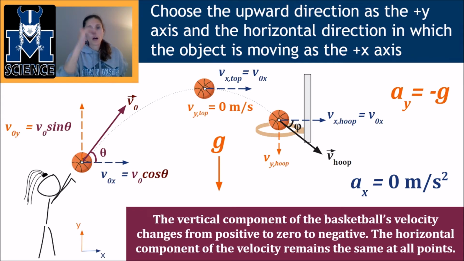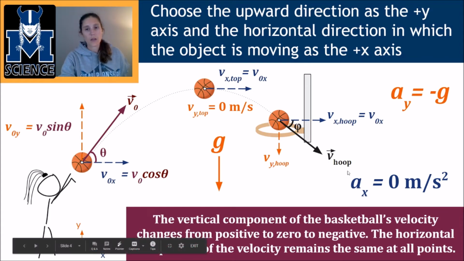It's initially positive, then at its highest point it reaches 0 meters per second for its y velocity, and then its y velocity becomes negative as the ball starts coming back down. For the x velocity, the initial x velocity that the ball is given is going to remain throughout that trajectory, and that's because we don't have any acceleration in the x direction.